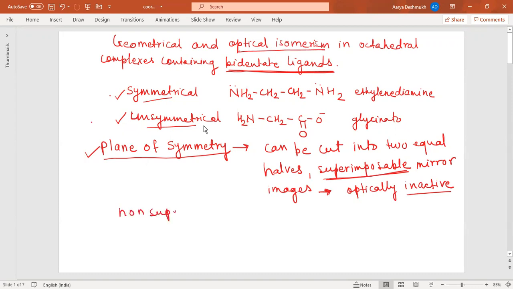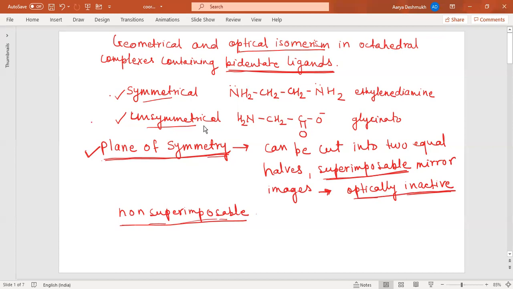We discussed this for unidentate ligands. Now, in the case of complexes containing bidentate ligands, the additional thing you should always think about is the plane of symmetry. If the complex has a plane of symmetry, then it would be optically inactive.